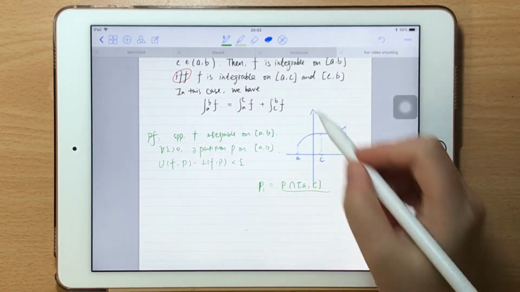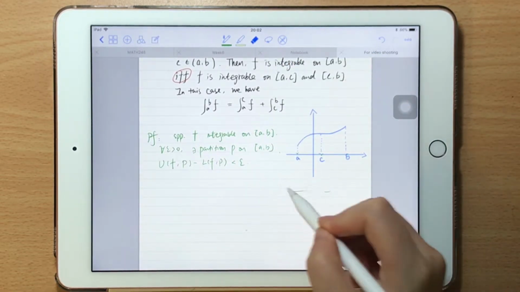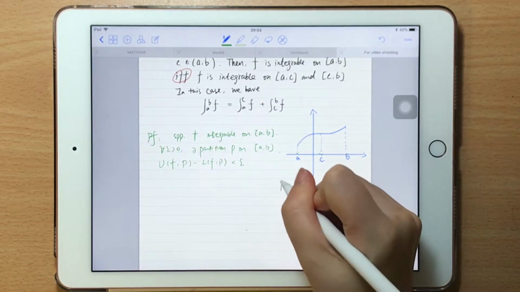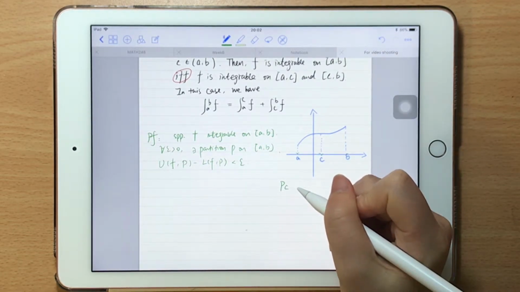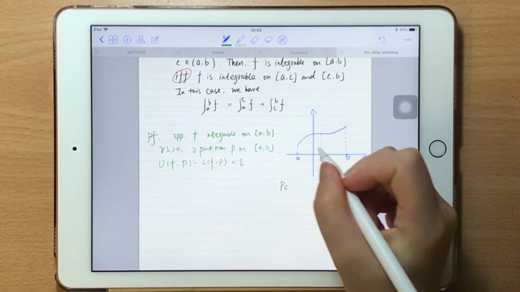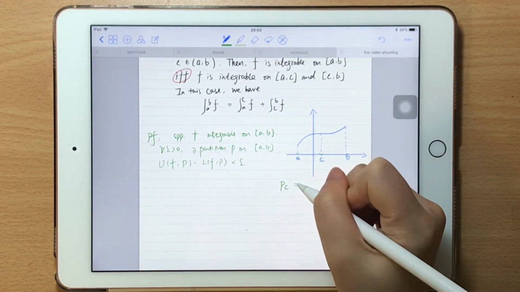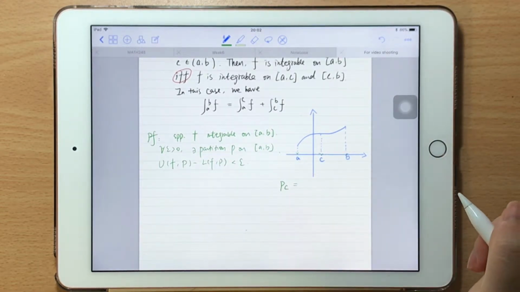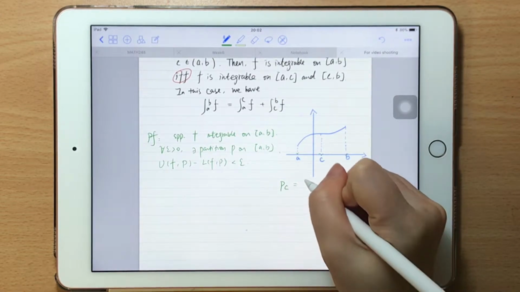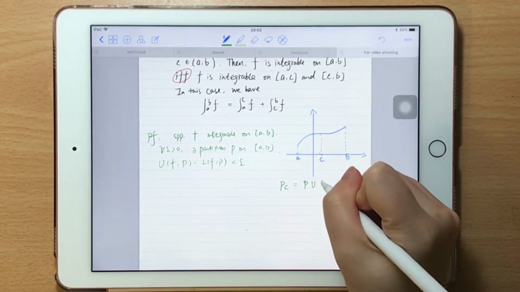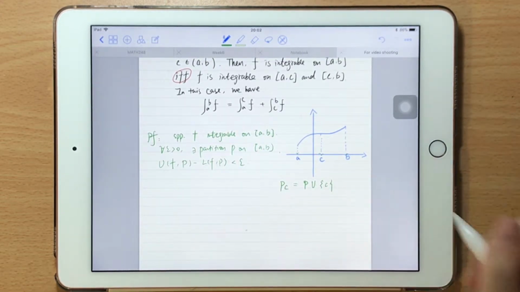Instead, we first give P_c, a partition of [a,b]. Let the partition P_c be the union of P and {c}, and I'll explain why we don't use the previous method.